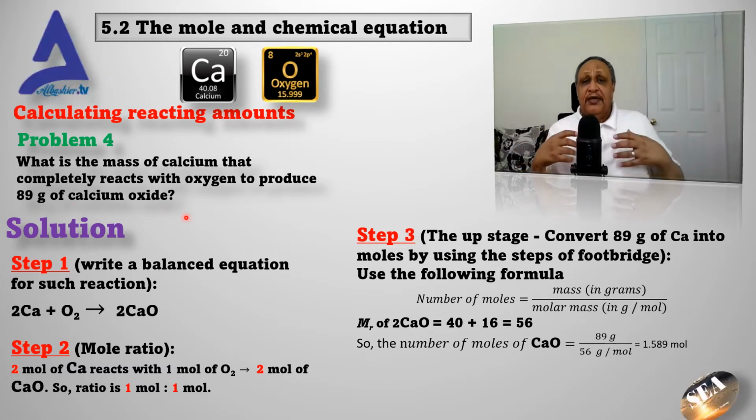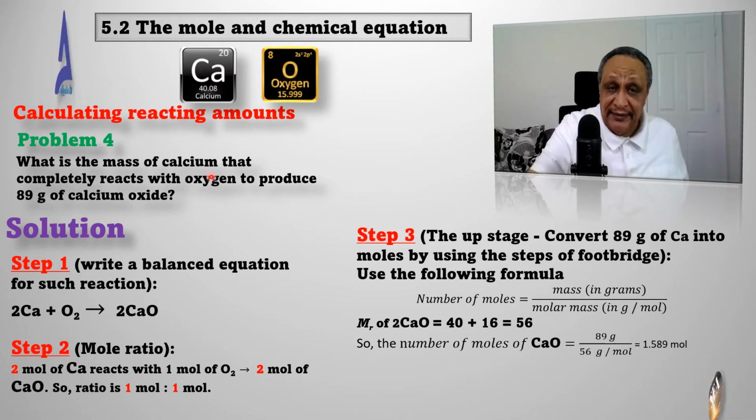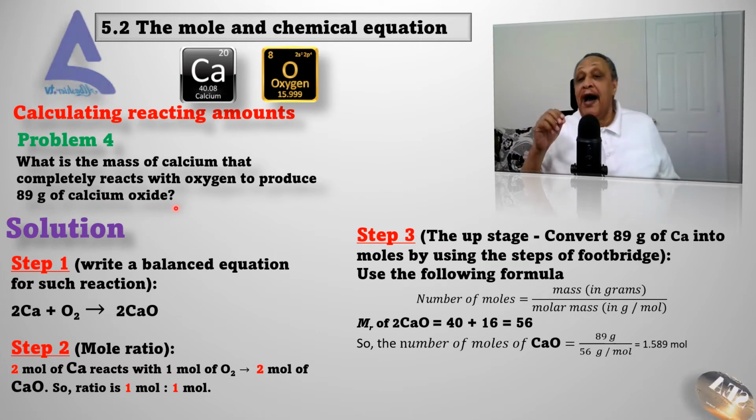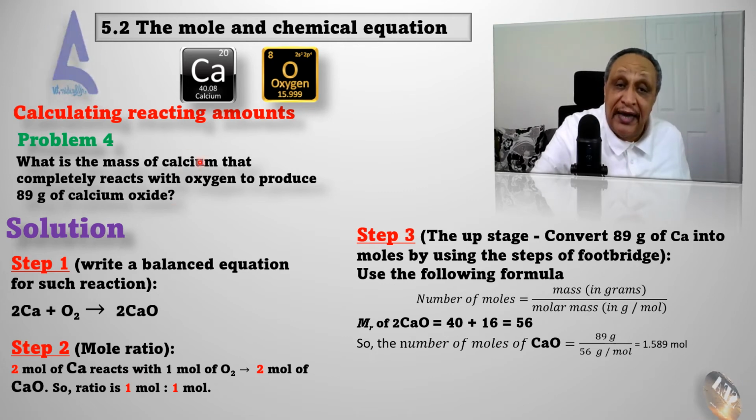So what information do I have? Calcium as a reactant, oxygen as a reactant. They react with each other to give me calcium oxide. However, I would like to know the amount of calcium present which reacts with oxygen to produce 89 grams of calcium oxide.